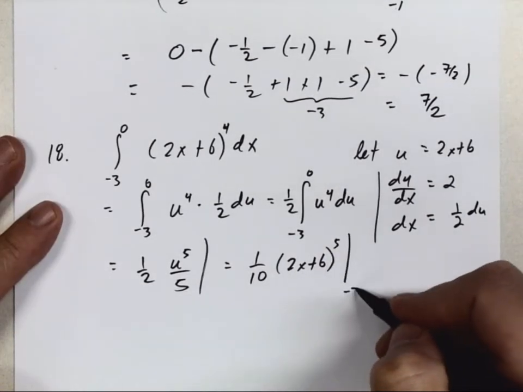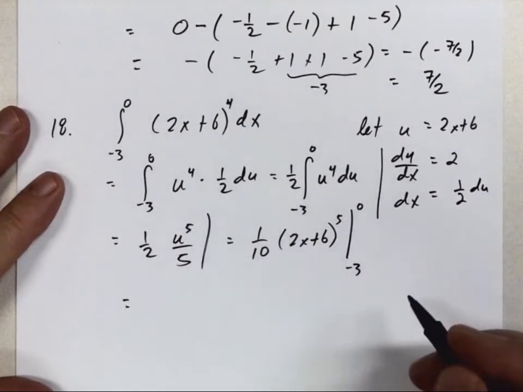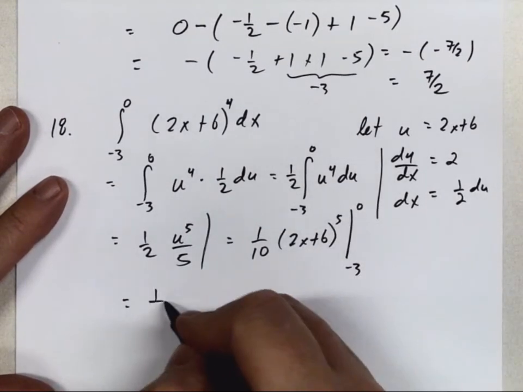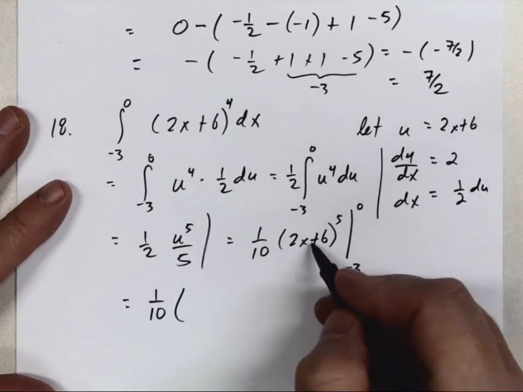Now I'll put in my minus 3 and 0. So now, once again, I plug in 0 for my x's. Let's move the 1/10 out front. So 0 for x here, so 2 times 0 is 0.